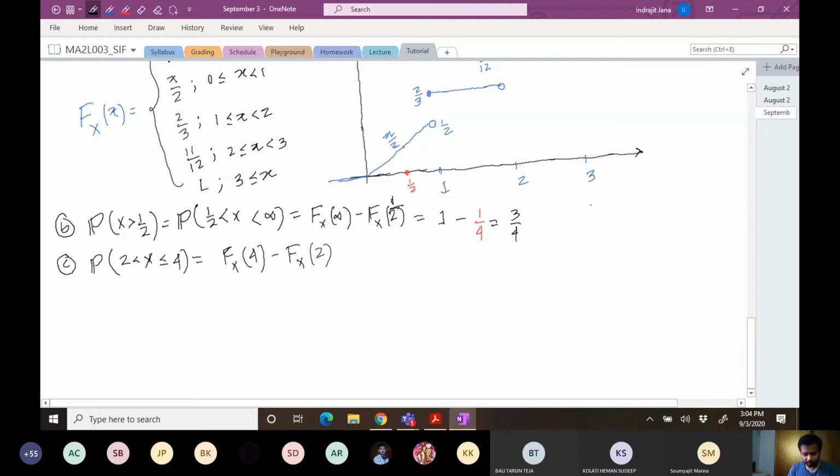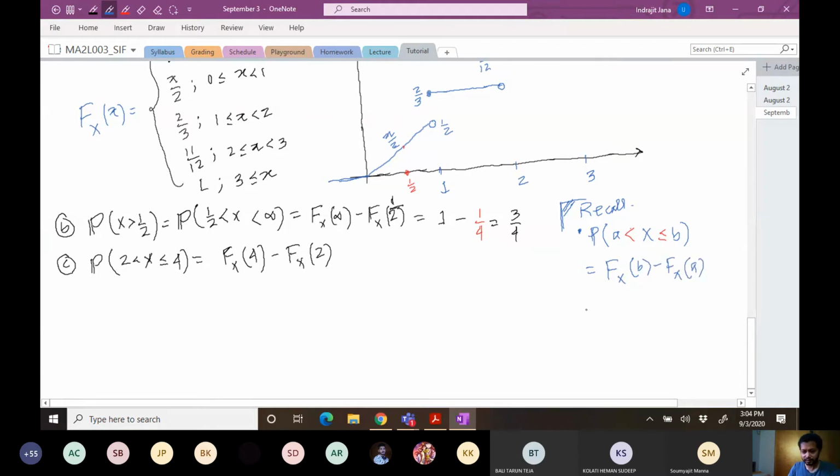By the way, let me remind you of this. Although you should know from the previous lecture, the fact that we have been using is that the probability of A strictly less than X less than or equal to B is given by F_X(B) minus F_X(A).